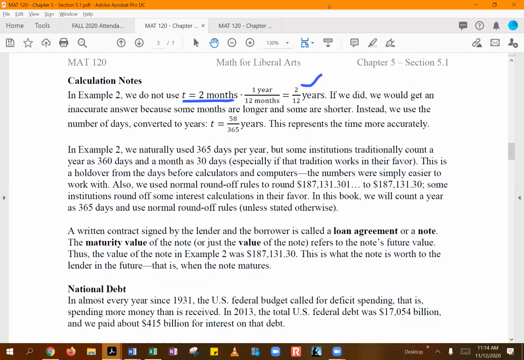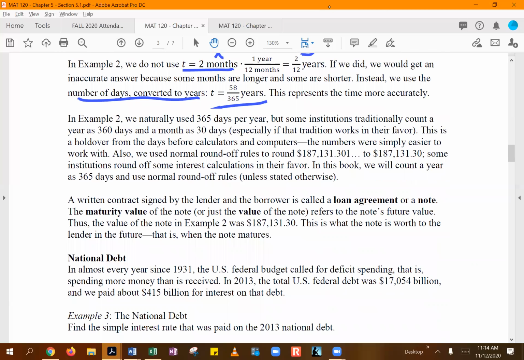February, of course, only has 28 days, or in a leap year, it might have 29 days. So to get a better, accurate calculation, it's actually better to convert it from days to years instead of going from months to years. So this is just talking about accuracy.